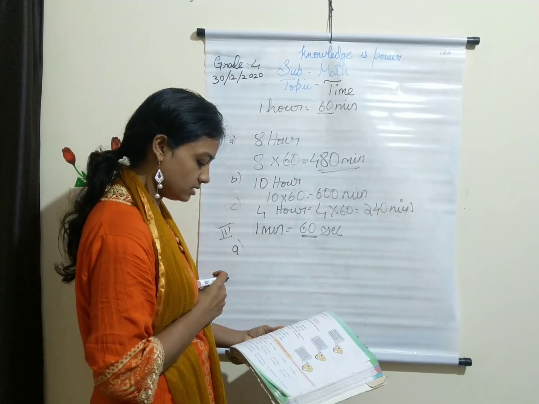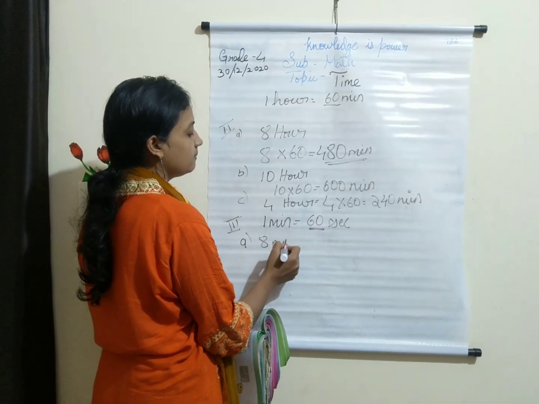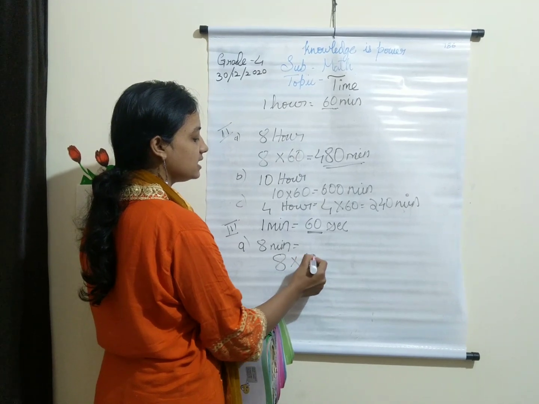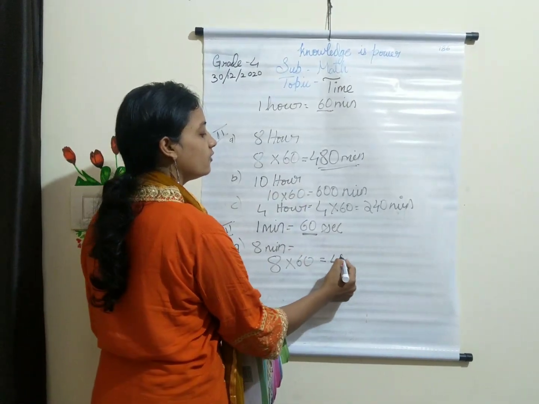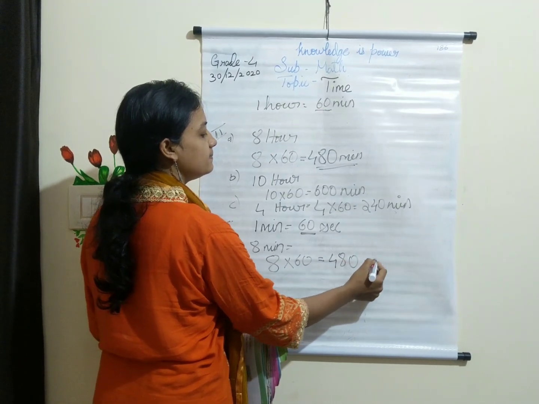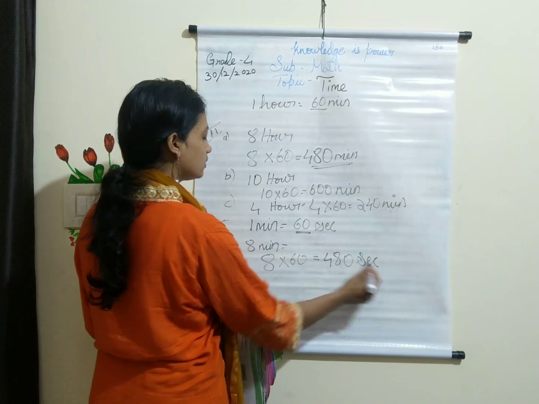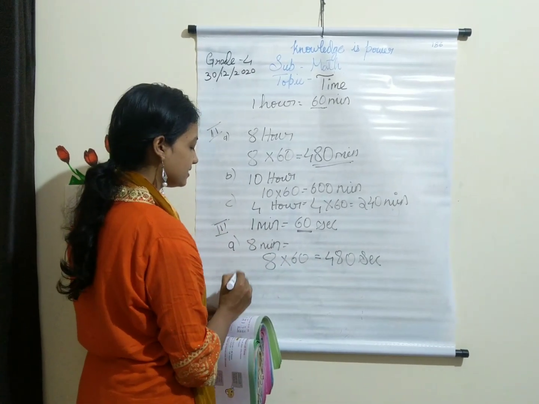So A1, you have 8 minutes. What should you do? Multiply 8 with 60. You get 480 seconds. We are converting it into seconds. So 8 minutes will be 480 seconds.